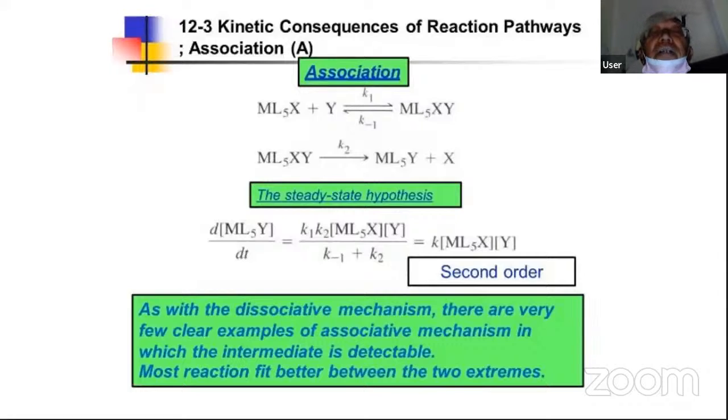Now, previously I discussed dissociative. For dissociative, we have two situations: higher concentration of Y and low concentration of Y, the coming ligand. It can be second order, it can be first order.